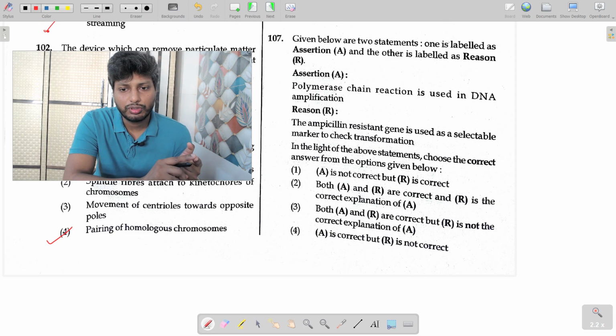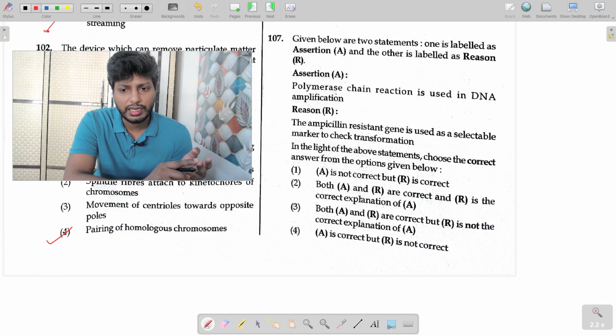The second option says that both A and R are correct, and R is the correct explanation. Yes, A is correct, R is also correct. But is R the justification of A? Is R supporting A? Not at all, because there is no connection between transformation and DNA amplification. Absolutely no connection. So the second option is also wrong.